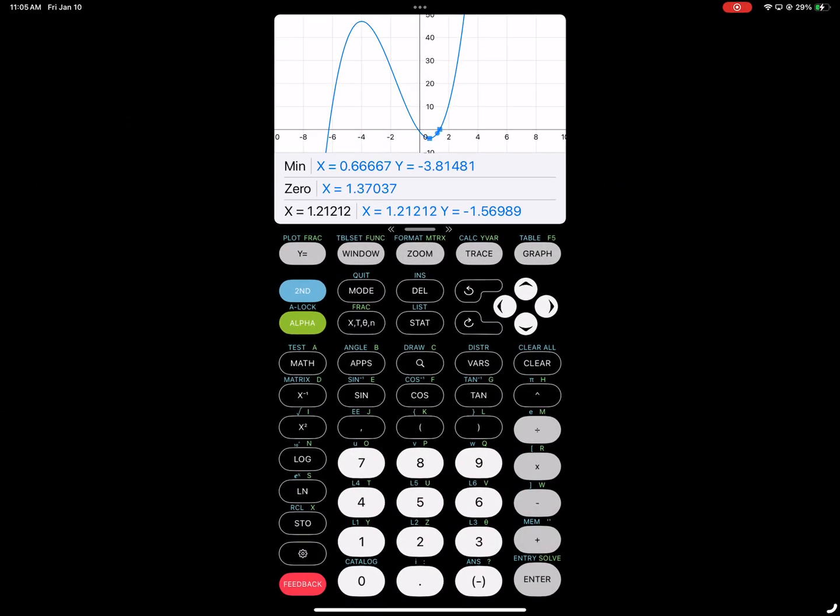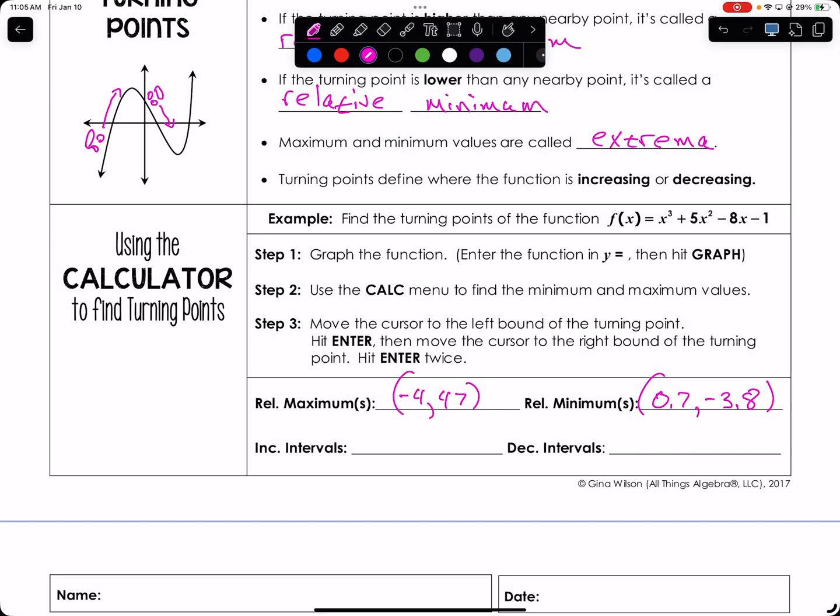So I'm going to sketch this graph onto my notes kind of over here. What kind of function is this if I'm classifying it? What do I call it? By degree. The highest exponent is what? 3. What's that called?